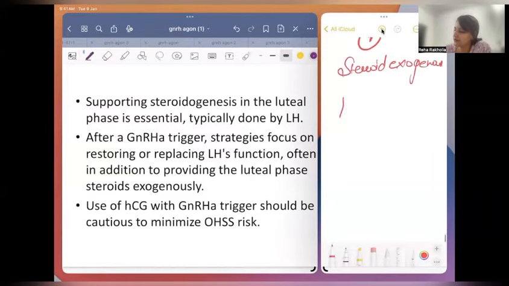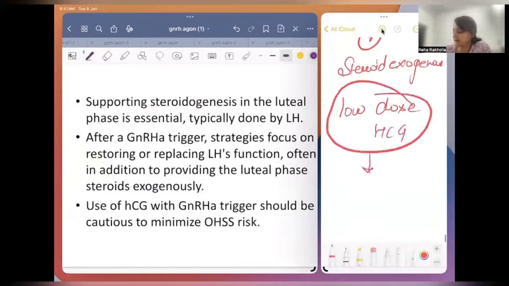So we can give low dose HCG to replace the LH.